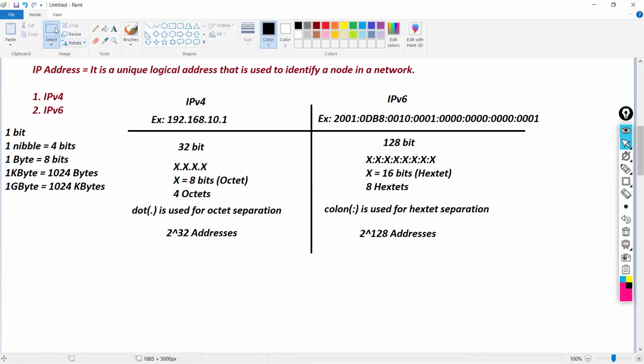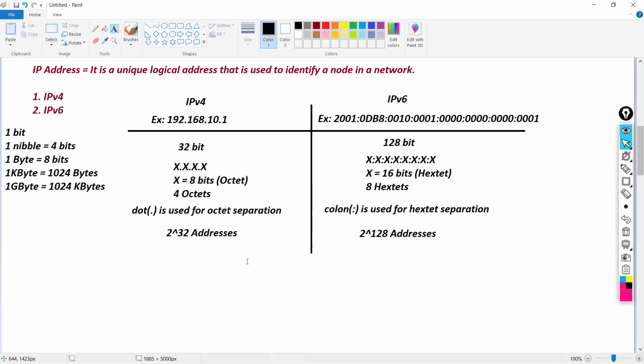So these are the differences between your V4 and V6. Any doubt? No? Remember these differences, I'll ask again when we are talking about IPv6, which will be at the end of CCNA. Noted?